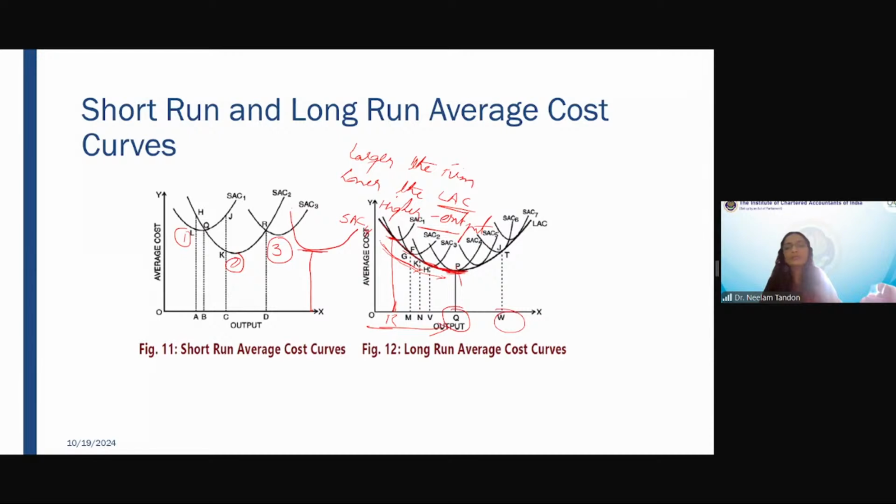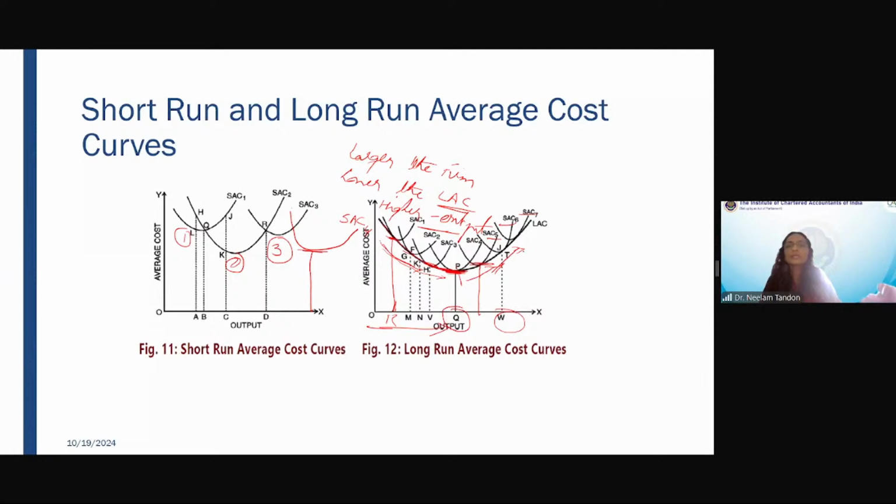What's happening for SAC 5, SAC 6, and SAC 7? You are producing definitely more. But what's happening here? This PQ cost is less than this one. So that means the cost is increasing. The average cost has started increasing.